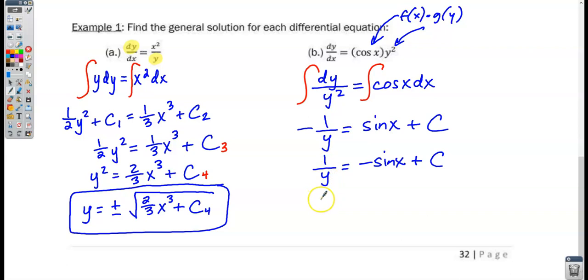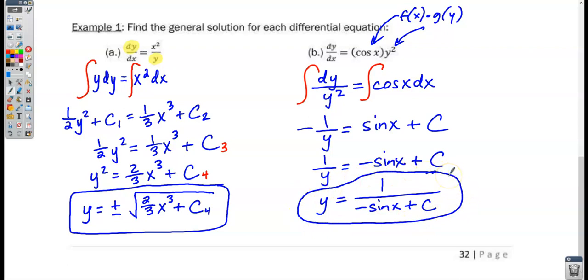So I'm going to flip this side, 1 over y becomes y, and I'm going to reciprocate this side, which means I need to take that whole side of the equation and put it as the denominator of a fraction under 1. And there is my general solution for dy dx equals quantity cosine of x times quantity y squared. All right, let's keep going.